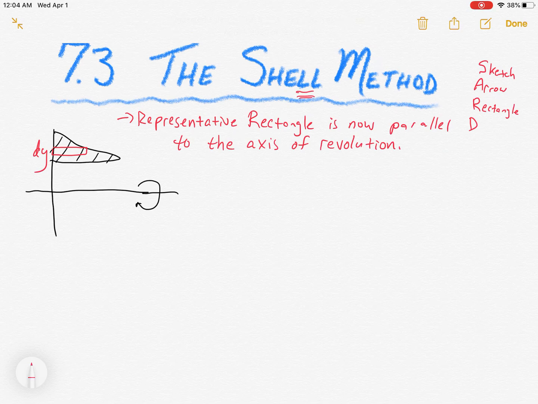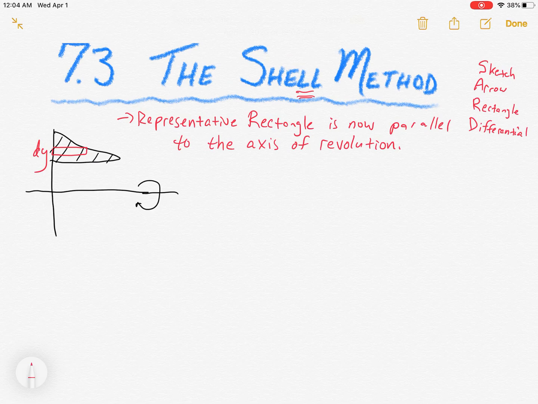They both have the double L, shell and parallel. Shell is parallel, and disk or washer is always perpendicular. And the last thing is what we call the differential. Okay, so same order of operations, just the rectangle is a little bit different.